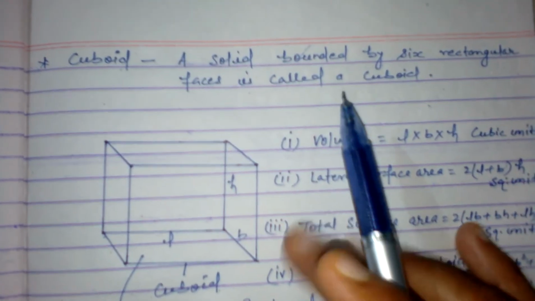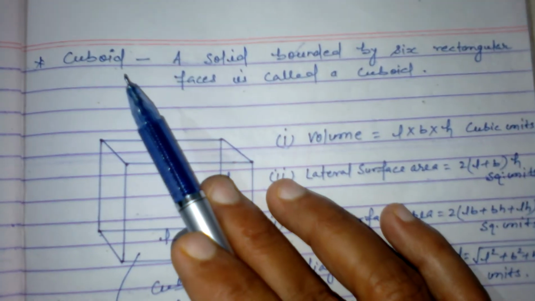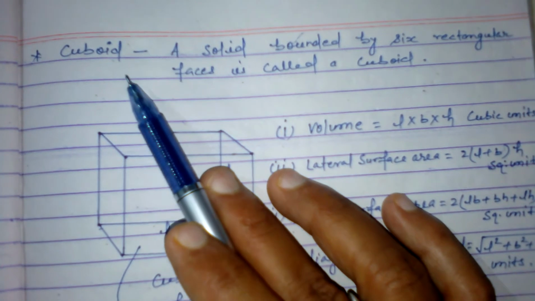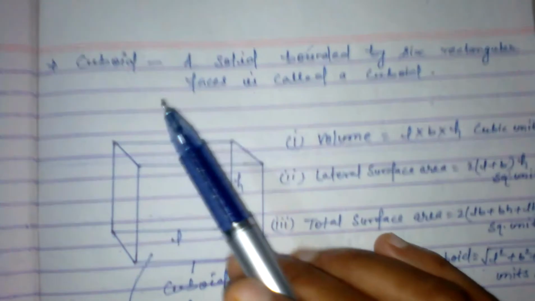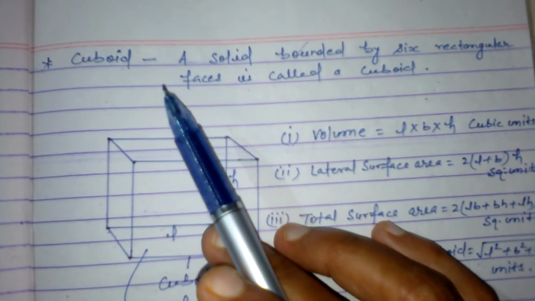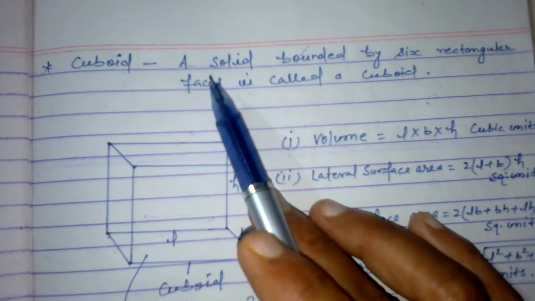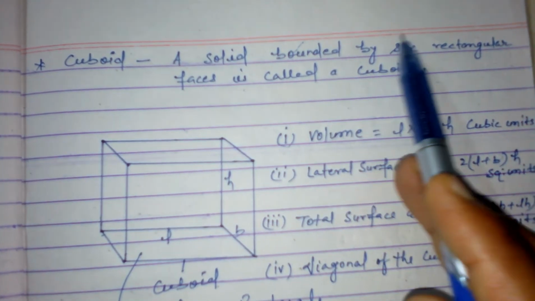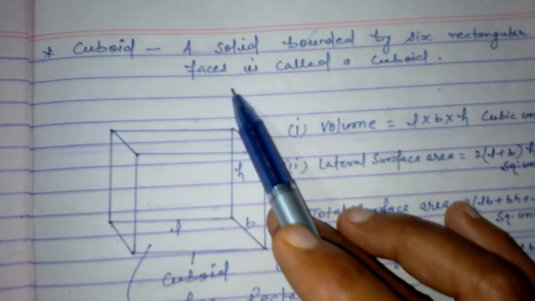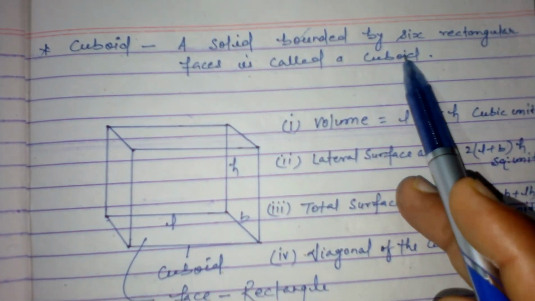We have the solid cuboid. Let's start with the cuboid. A solid bounded by 6 rectangular faces is called a cuboid.